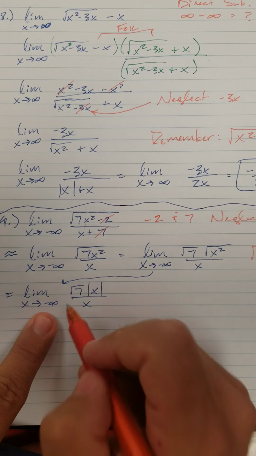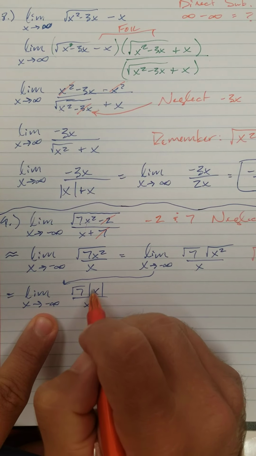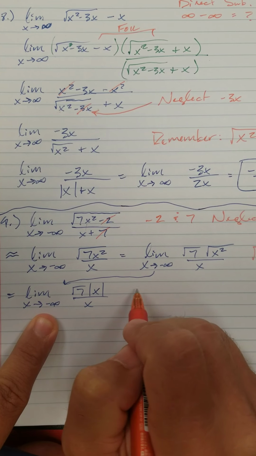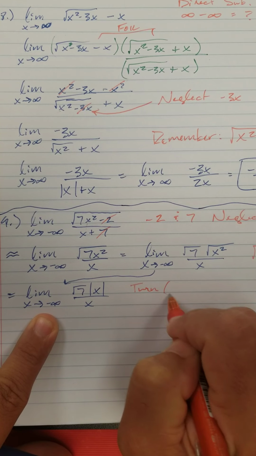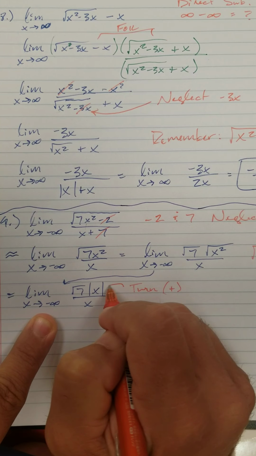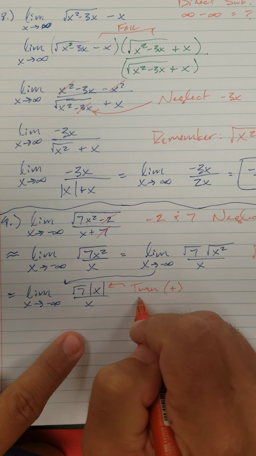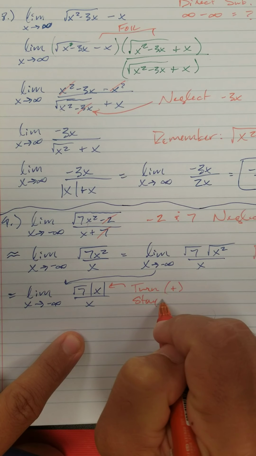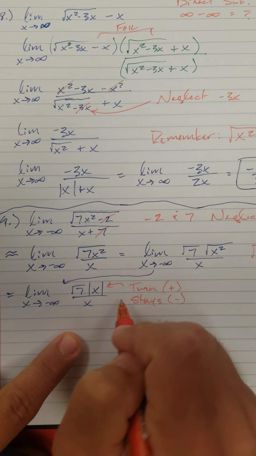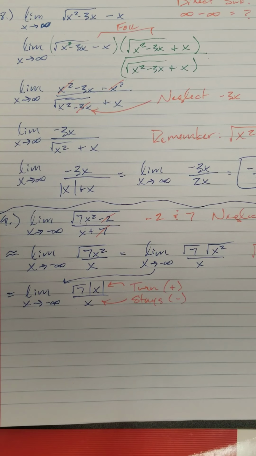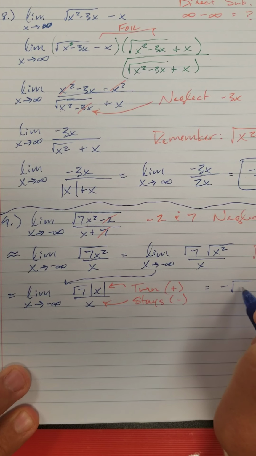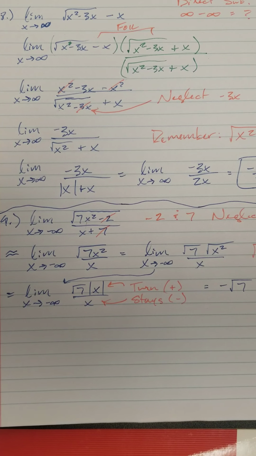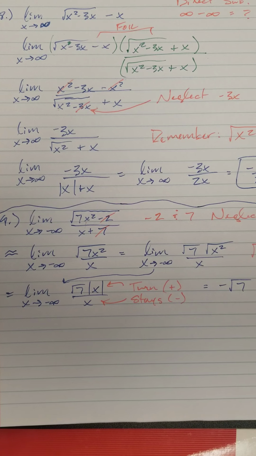So now when you plug in negative infinity, the absolute value turns positive, right? And the denominator stays negative. So you get a positive on top, negative on bottom, so your answer is a negative square root of 7.